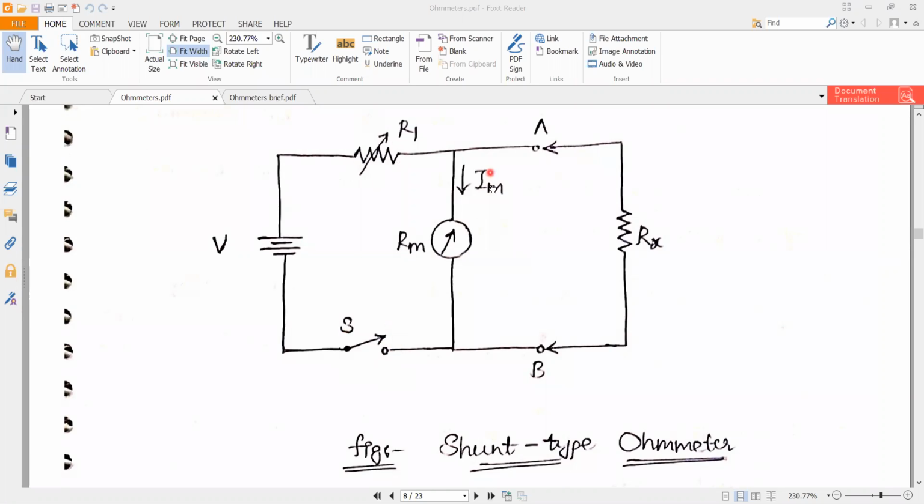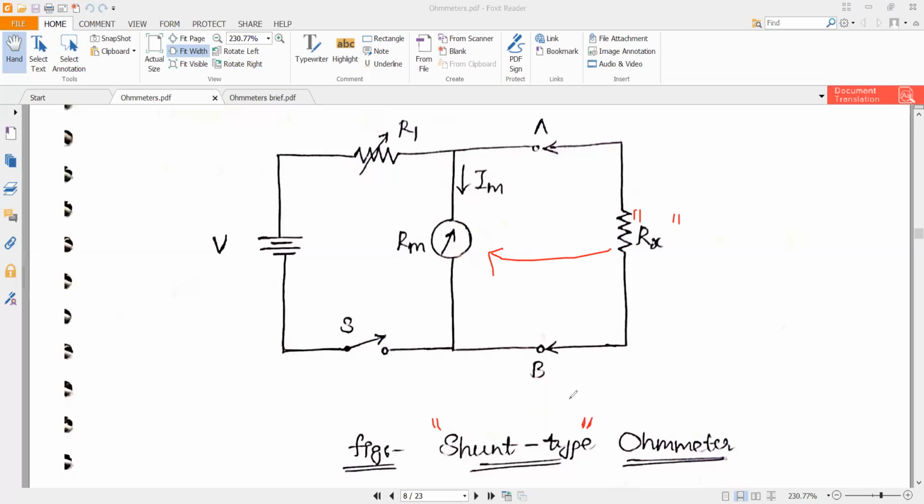Here Im is the maximum flow of current across this meter, and there are terminals A and B, and a resistance is going to be placed here. That resistance acts as a parallel resistance for this meter. This unknown resistance Rx is in parallel or in shunt with this meter. Therefore, I can treat this as a shunt type of ohm meter.